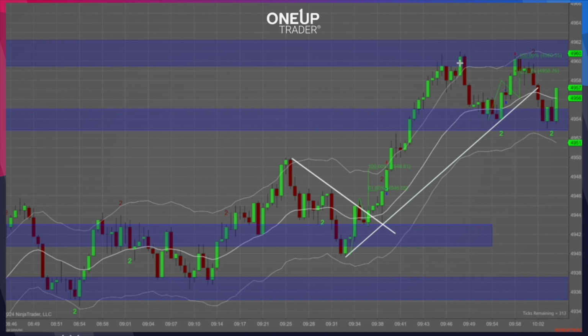This is something I always take. This is something I'm always looking for. And to help us, I've marked with these numbers these special areas where you see these twos. We'll talk about what those mean in a second, but those mark certain patterns that I'm looking for. And that pattern is, if I can get my drawing tool and get a line here.